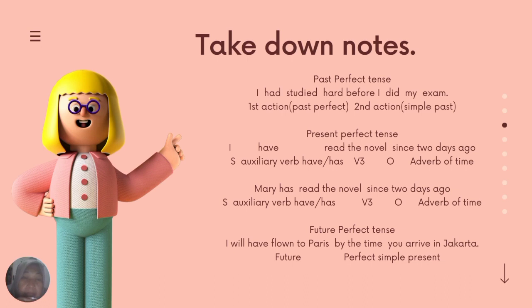Future perfect is I will have flown to Paris, and simple present is you arrive in Jakarta, combined by the conjunction by the time. Okay, everybody, I hope you understand my explanation. Okay, let's go on to the next slide.